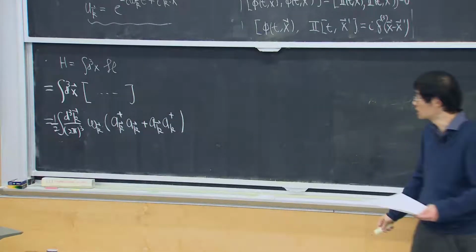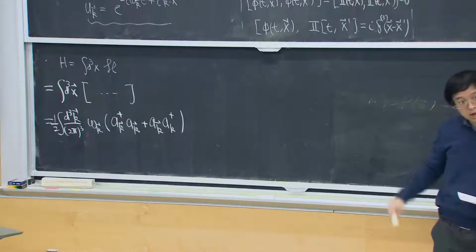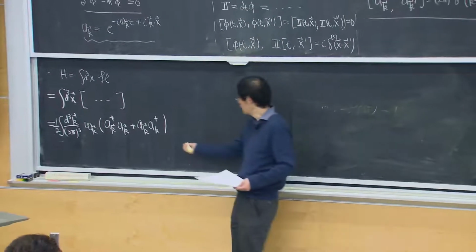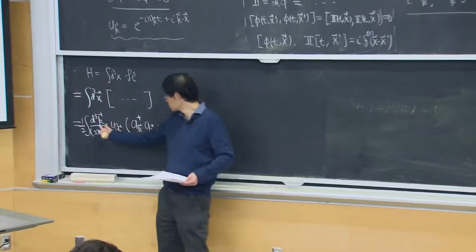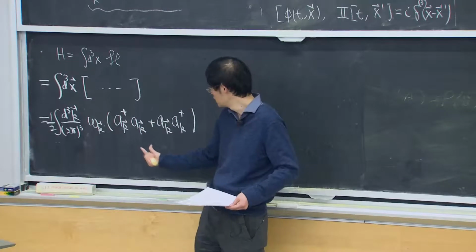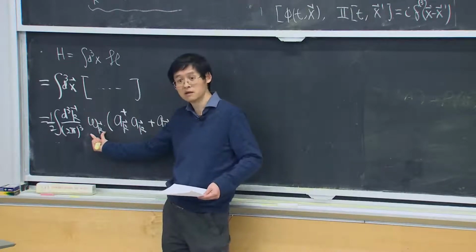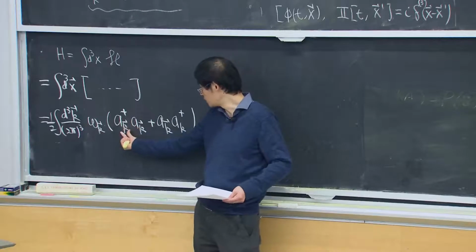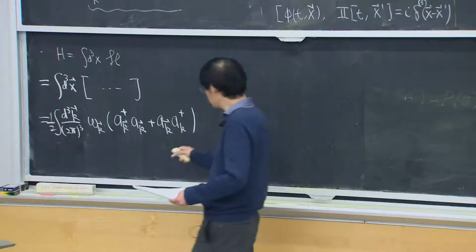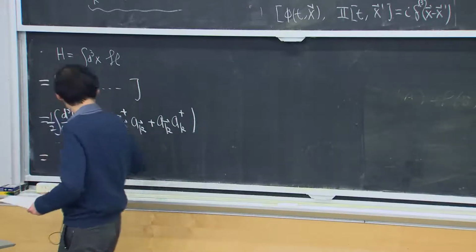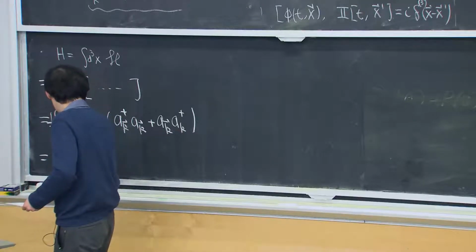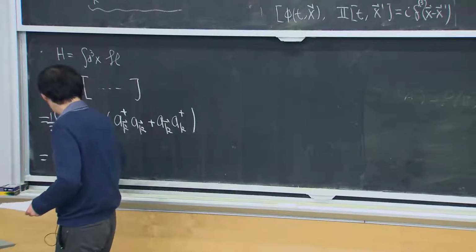Okay, so this is the standard expression for a harmonic oscillator now. Actually, it's exactly identical to a sum, since the integral is like a sum, over continuum harmonic oscillators, each with frequency omega k, and each harmonic oscillator is labeled by this number k. Okay, and so we can use the standard trick to write it as a commutator.